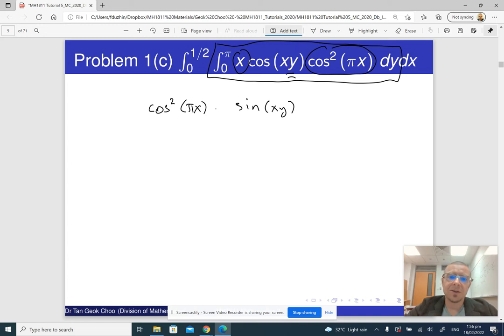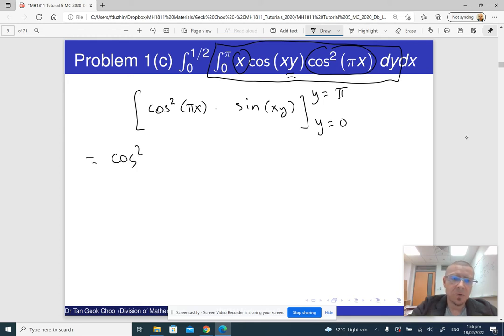So here is the antiderivative, and we need to take the change in y from 0 to pi. Okay, so let me just do it.